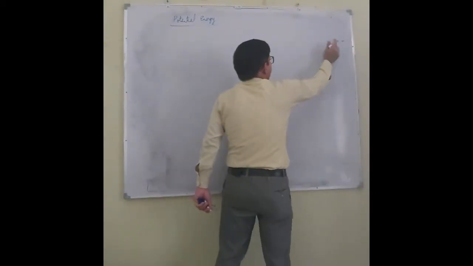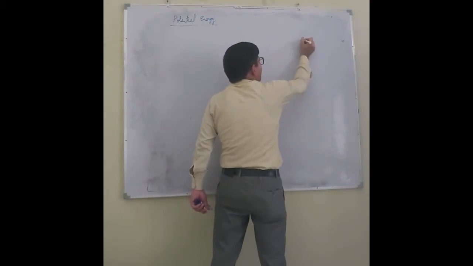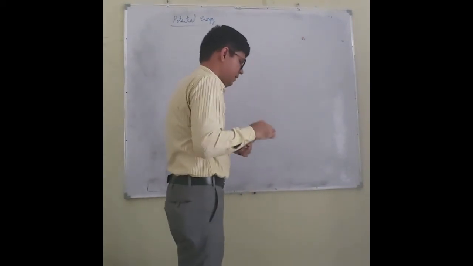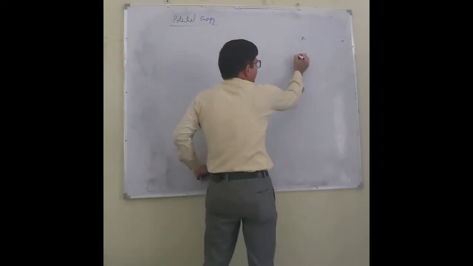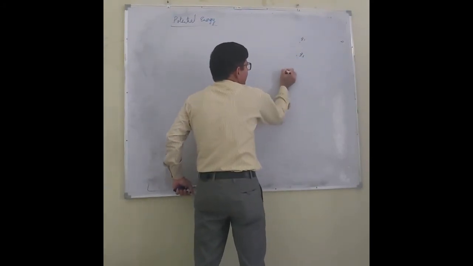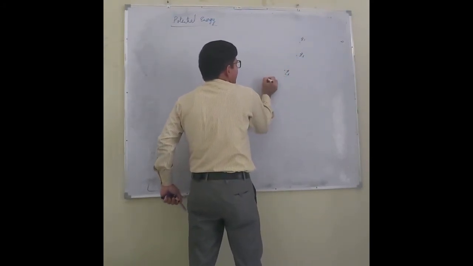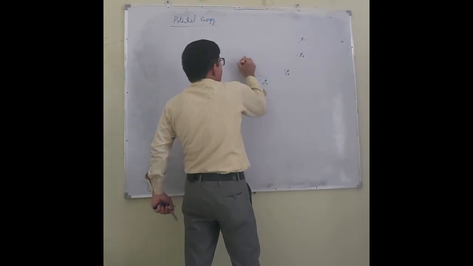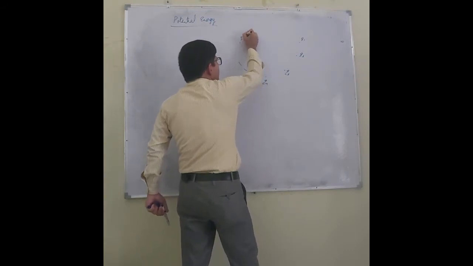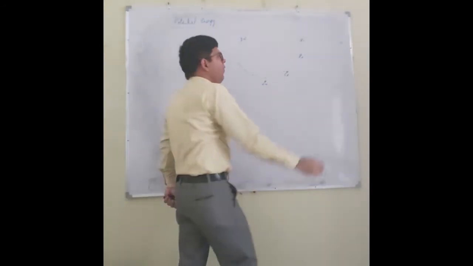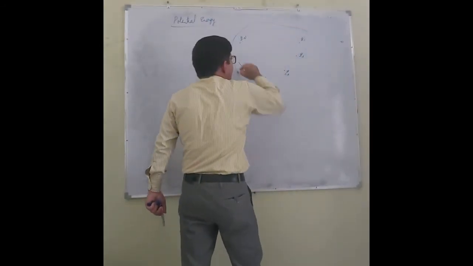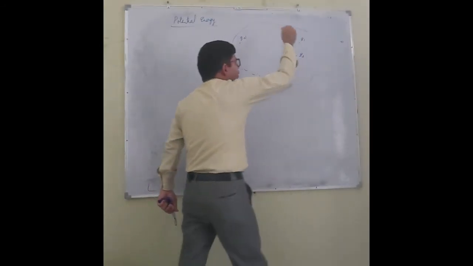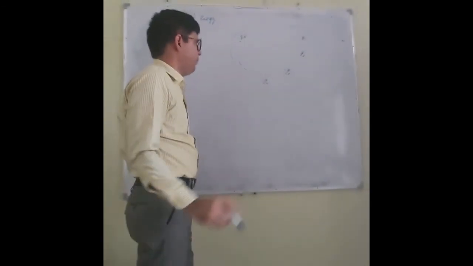Let us say I am having charge Q1 here, charge Q2 here, Q3 here, Q4 here, and let us say I am having Qn charges. I want to find the potential energy due to this system of charges.